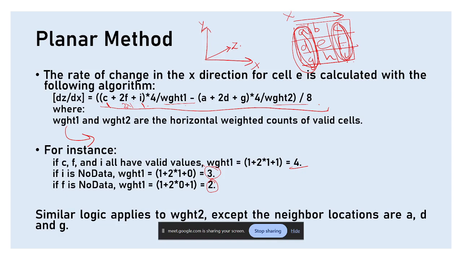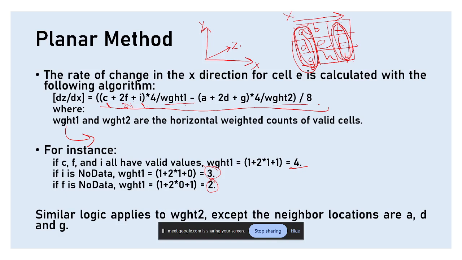So that's why we probably have to integrate it and find the value. Anyway, that sort of example is not shown here. But if you have the values for C, F and I given as, say, 1 for valid values, and invalid or no data values given as 0.